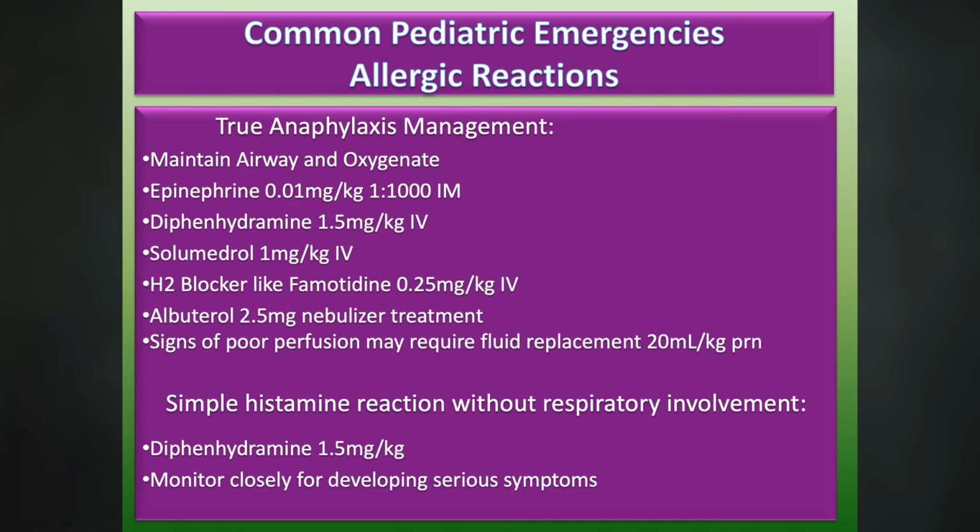They might need some diphenhydramine, they might need Solu-Medrol, they might get an H2 blocker, all depending on their condition and what your physician is requesting at that time, or what your protocol is for managing that case. They may need a fluid bolus. We can lose liters of fluid in patients who are third spacing fluid during anaphylaxis.